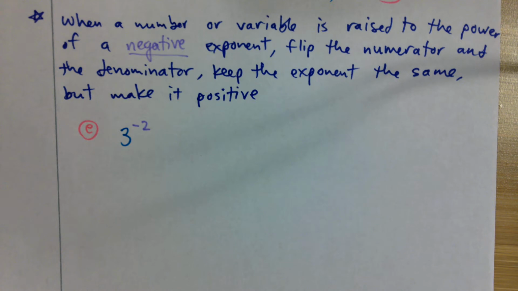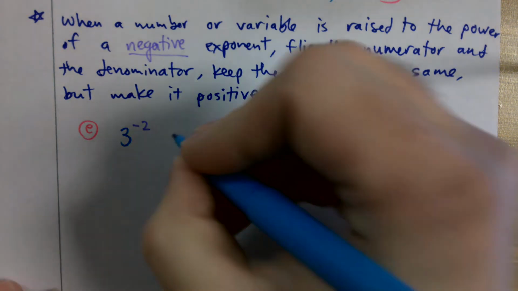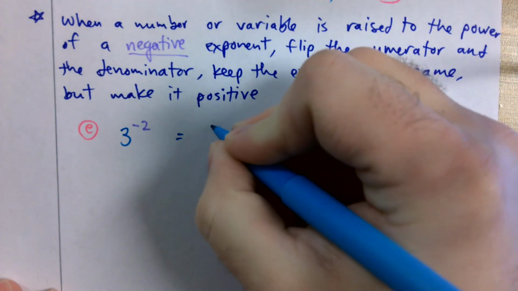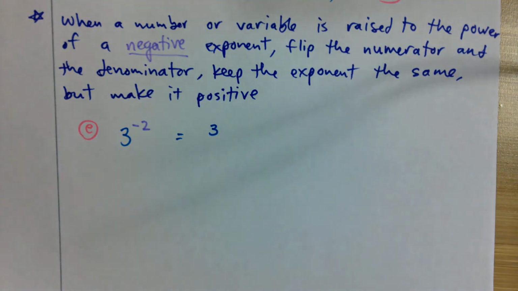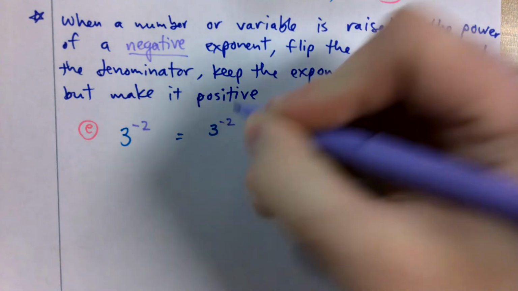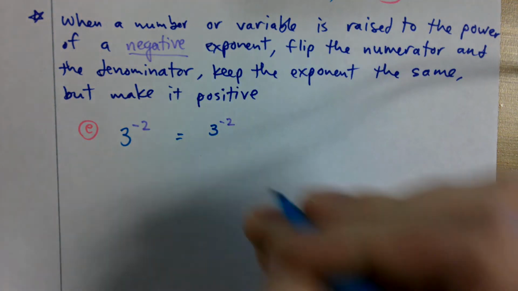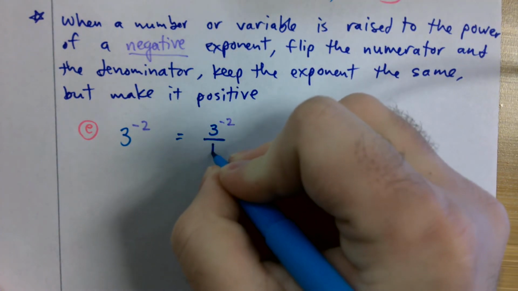Do you guys see a denominator in this problem? No, we don't. But is there a denominator, Noah? Yeah, what's our denominator here? 1. Exactly. We can rewrite this as 3 to the power of negative 2 over 1.